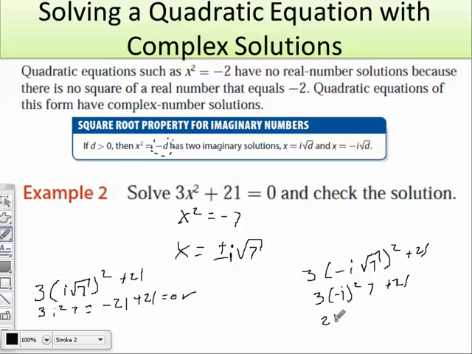Negative i squared, well, negative i times negative i is positive i squared, which is negative 1. So that'd be a negative 21. Negative 21 plus 21 gives you 0. Check. That would be my answer.